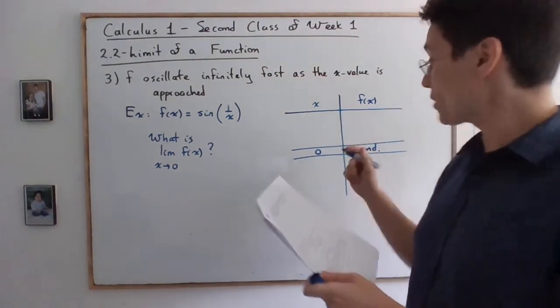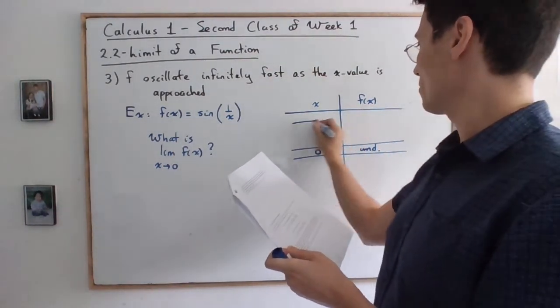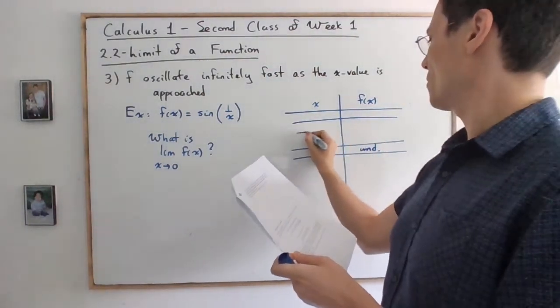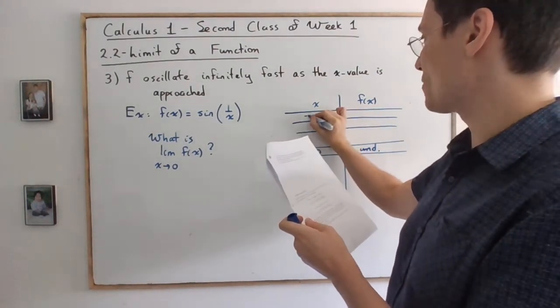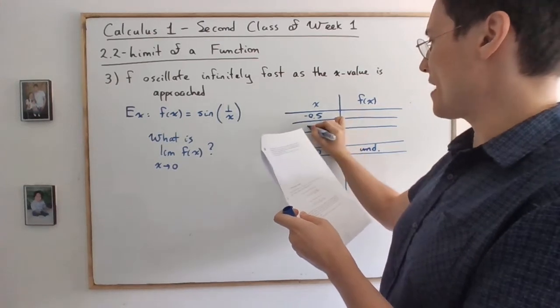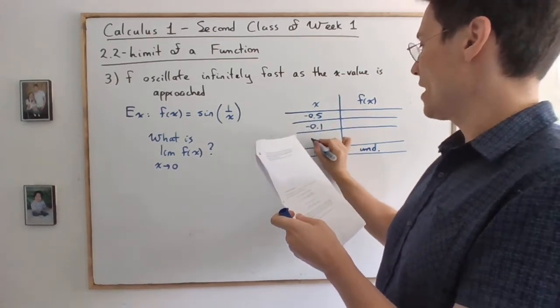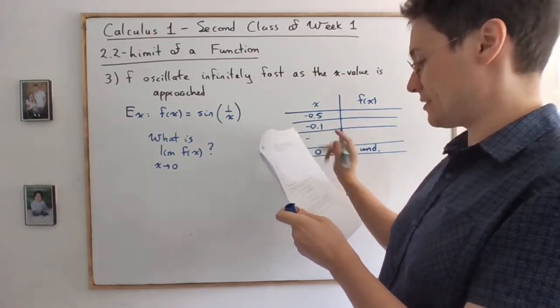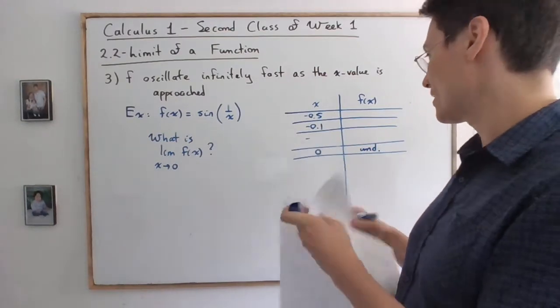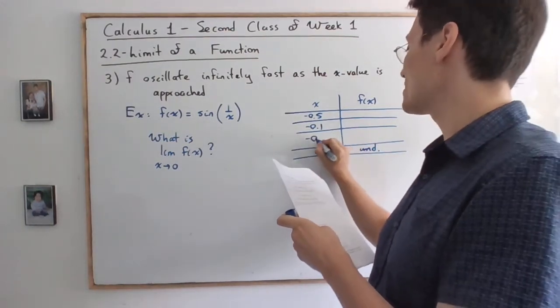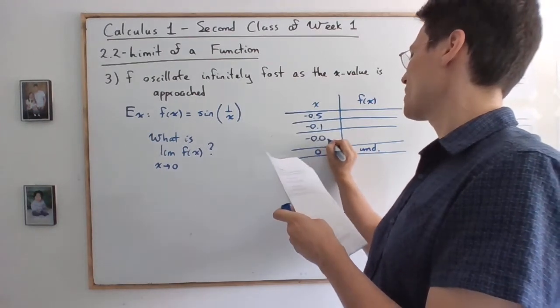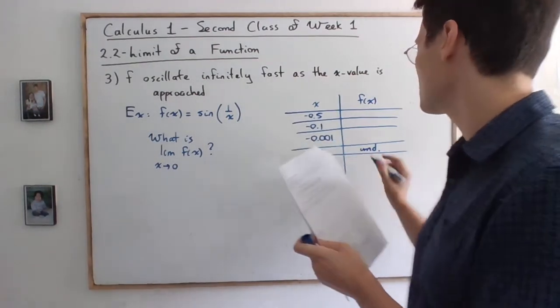Now let's approach 0 from below. I'll give three values: -0.5, then -0.1, and then -0.001, which is actually better; it serves my example a little bit better, and you will see why.